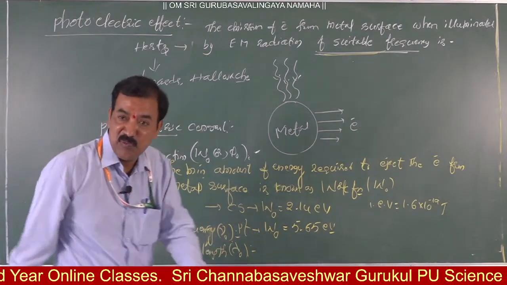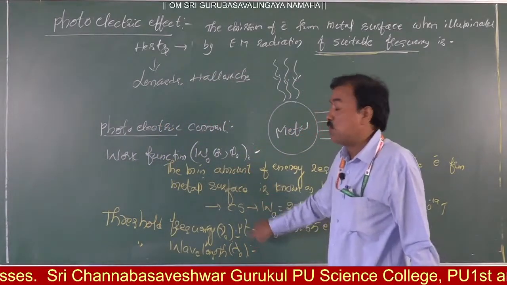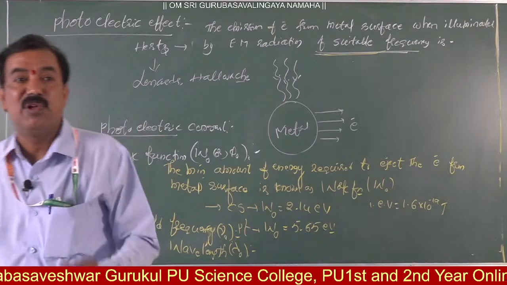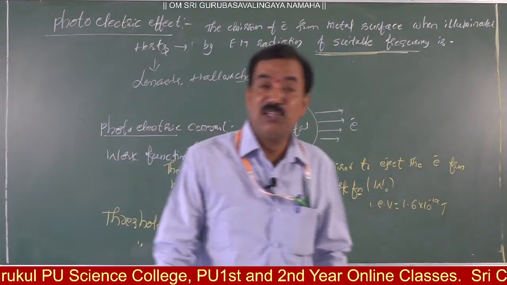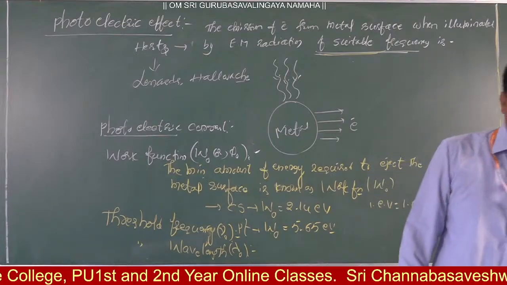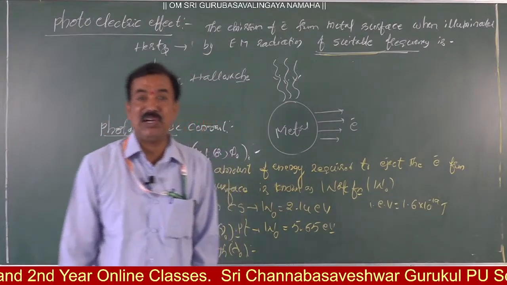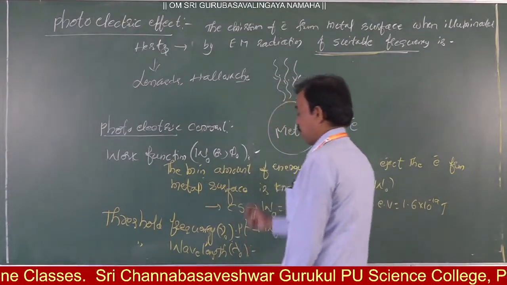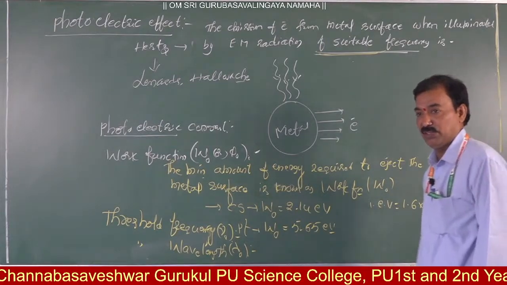The same definition, but this is the maximum: the maximum wavelength of incident radiation to remove the electrons from the metal surface is known as the threshold wavelength.